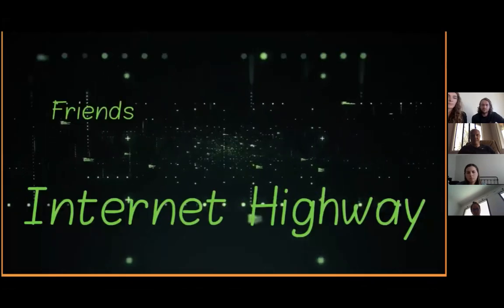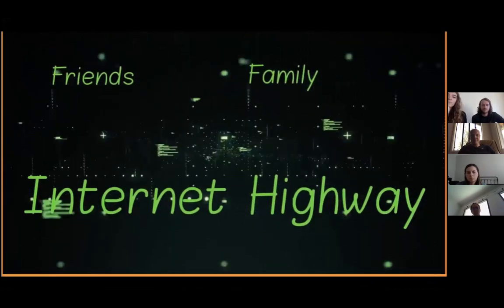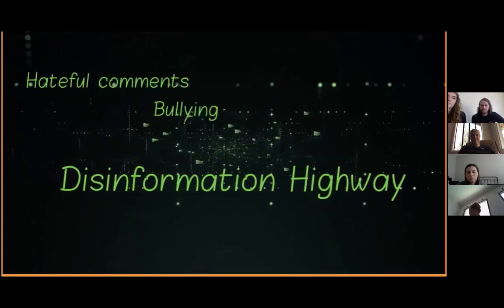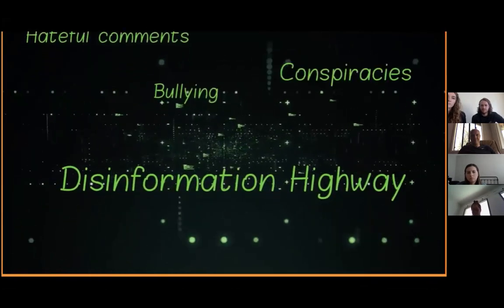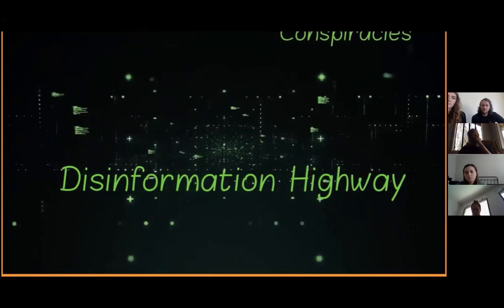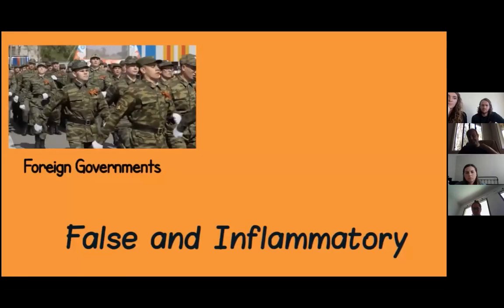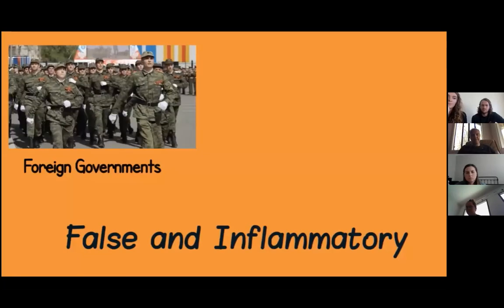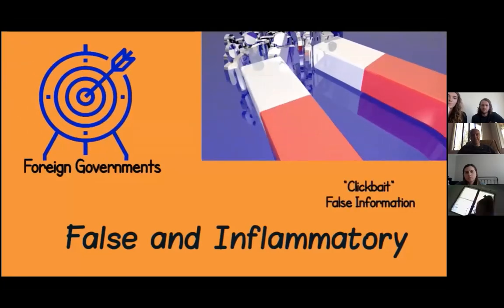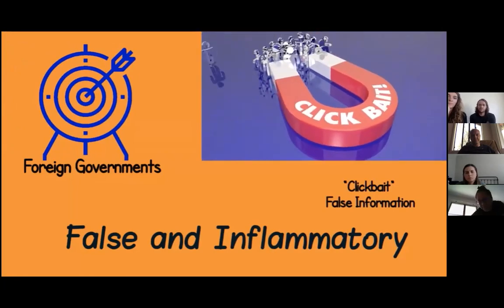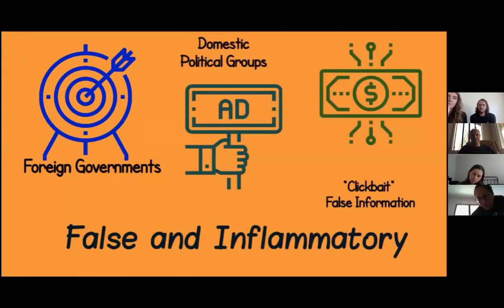While Americans also connect online with friends and family, social media has become a superhighway for disinformation, hateful comments, bullying, and conspiracies. Our social media feeds also contain false and inflammatory information created by foreign governments trying to divide us, by people trying to make money off of posting false stories, known as clickbait, and by political advertisers.